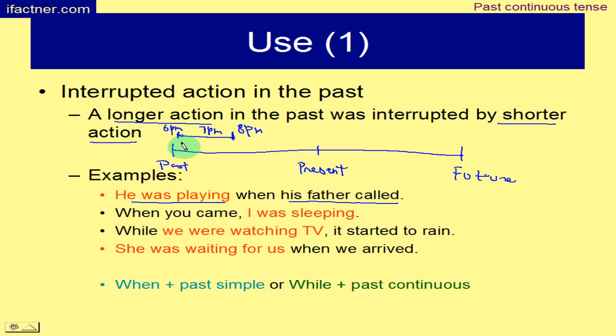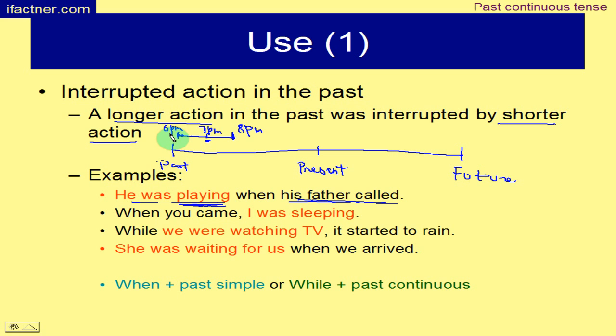So, longer action is represented by past continuous tense, he was playing, and the shorter action which interrupted the longer action is represented by the past simple tense.